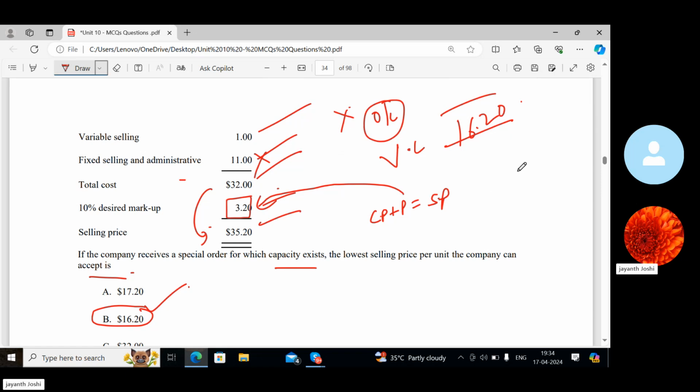They did not give any contribution. If they had given it, we would have taken the contribution also, right? That would have been the opportunity cost of not employing our resources in some alternative use or some other special order. That information is not given. Hence, our answer would be the variable cost.